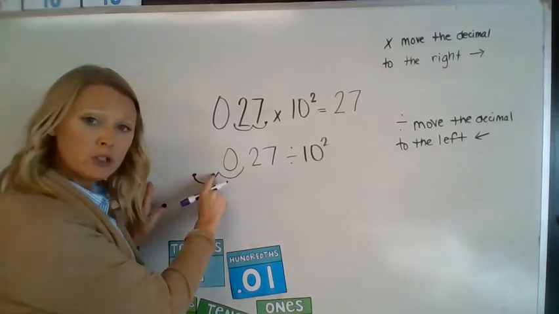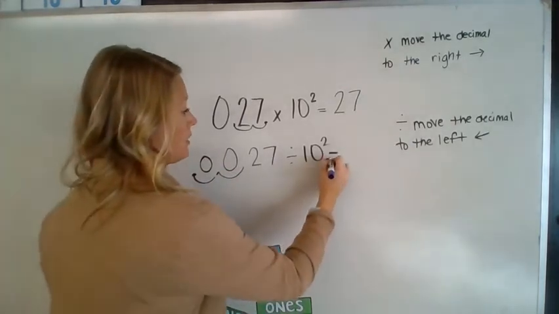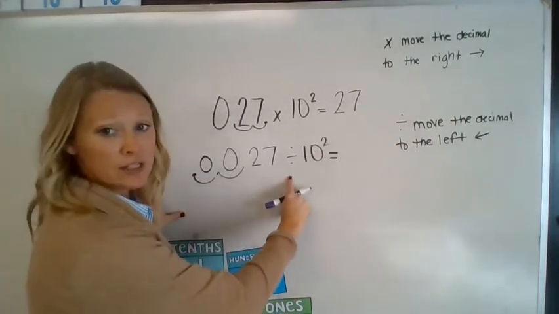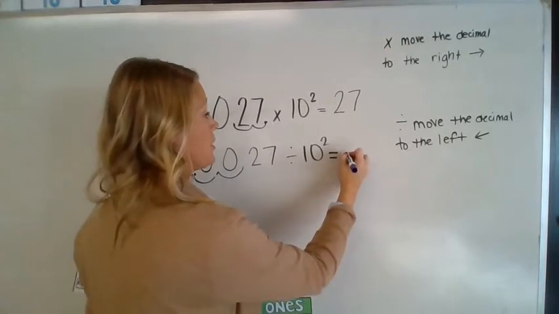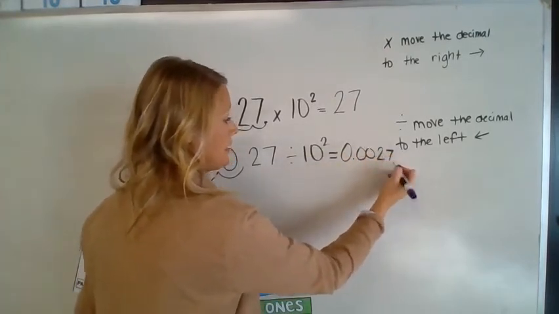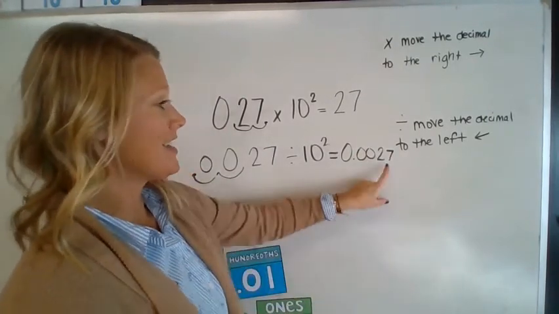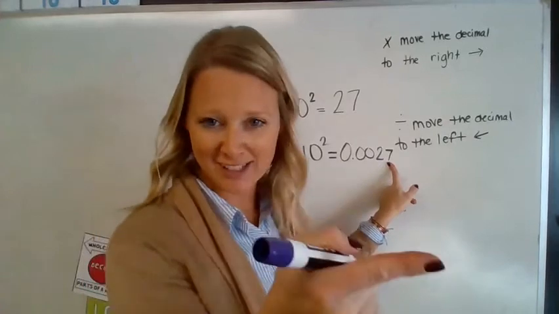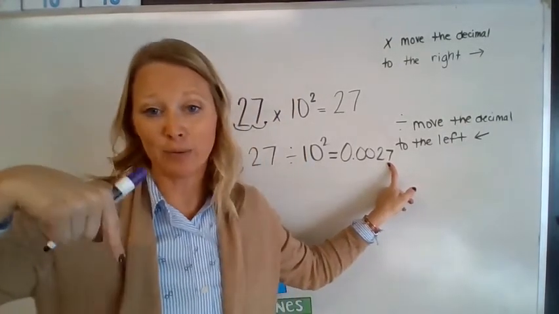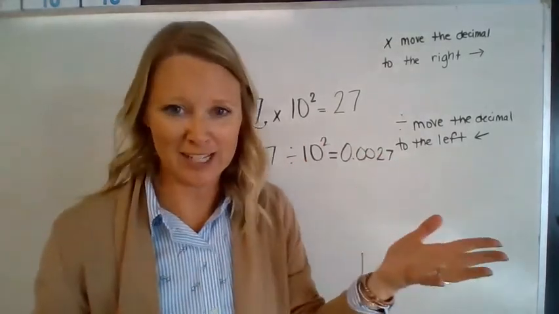Since I have no digit here, I have to fill it with a placeholder, which is a 0. So 27 hundredths divided by 10 to the second power would be 27 10,000ths, because the 7 is in the 10,000ths place value. So remember, you say the place value the last digit is placed in.